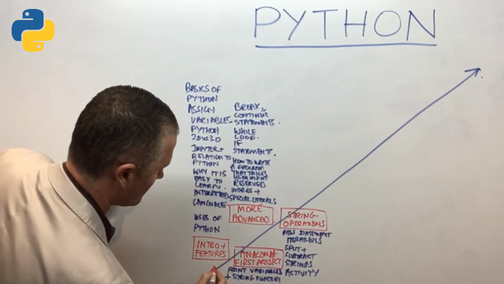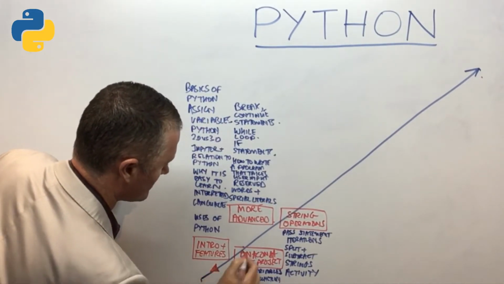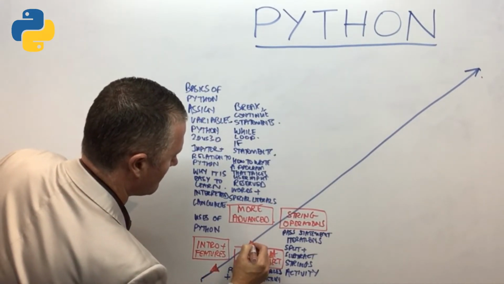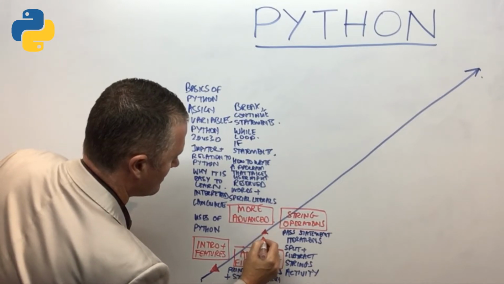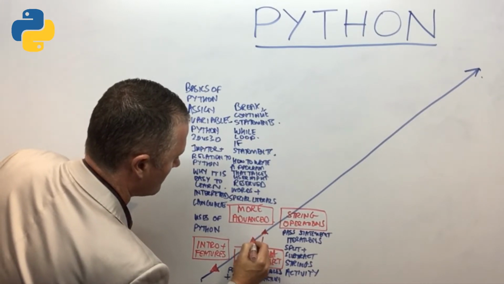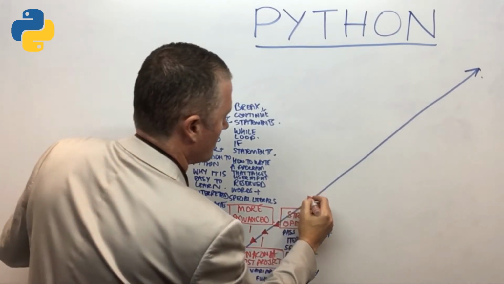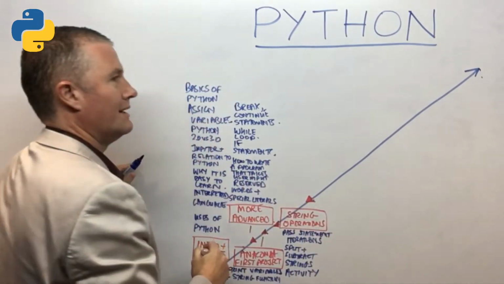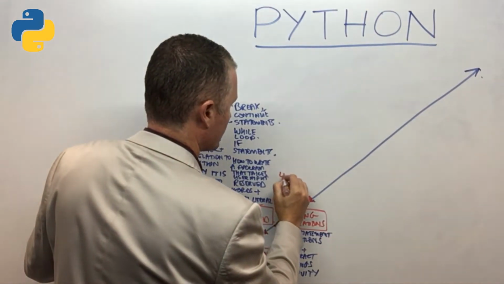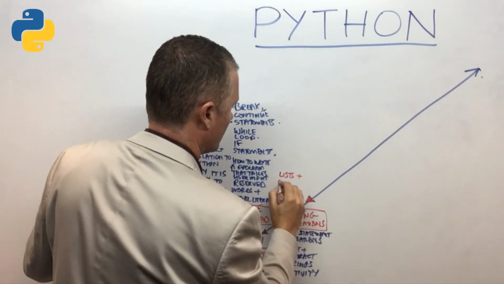I hope you can start to see now how we build up all of these concepts. Then we get to lists and dictionaries.